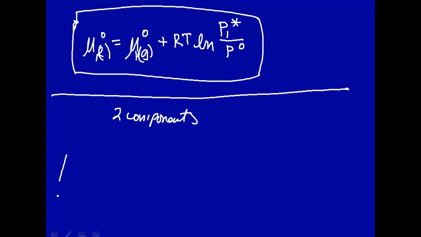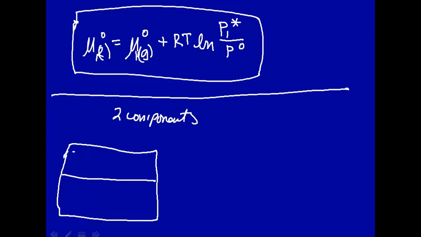All right, so let's draw a picture there. Picture's worth 1,000 words. Okay, so here's our box. We'll have component 1, which is in equilibrium in the liquid. Here's component 1 in the gas phase. We'll now have a second component, which is a liquid down here. This will also be in equilibrium with component 2 in the gas phase.